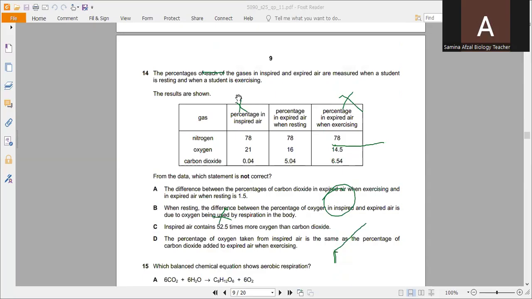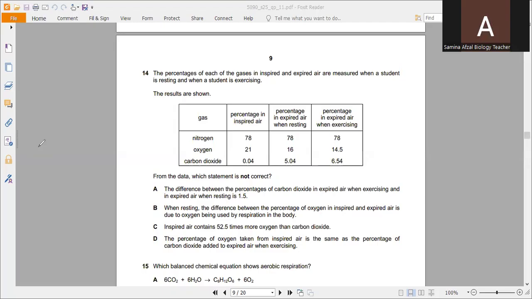Now, the next question is: the percentages of each of the gases in inspired and expired air are measured when a student is resting and when a student is exercising. The results are shown. You can see the gases nitrogen, oxygen, and carbon dioxide. Percentage in inspired air: 78% nitrogen, 21% oxygen, and carbon dioxide is 0.04%.